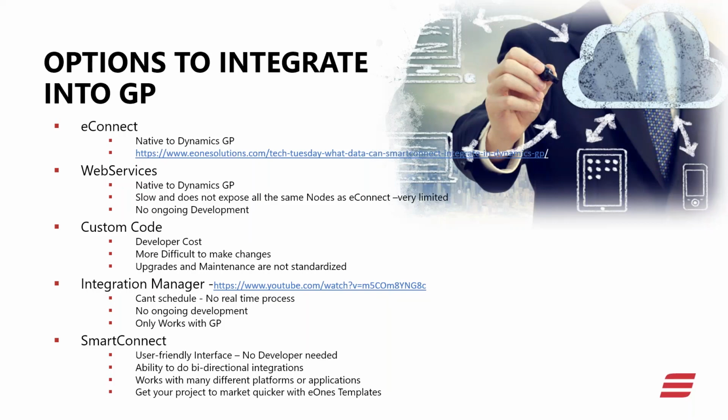I'm going to start out with the first two options here, which are called eConnect and web services. Both of these options are native to GP. When we talk about eConnect, what eConnect contains is a set of SQL stored procedures and all of that business logic, which is part of each of those GP company databases. eConnect doesn't have the ability to integrate into all of those different modules within GP.